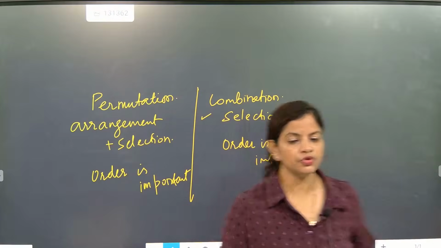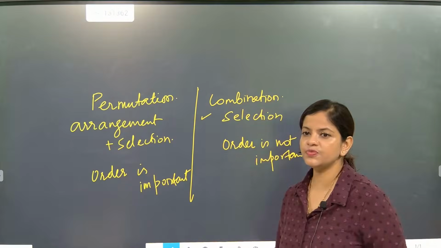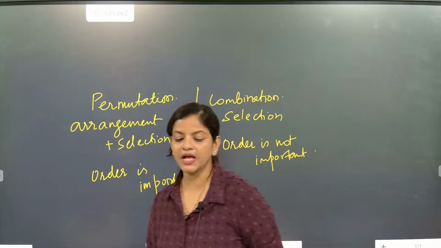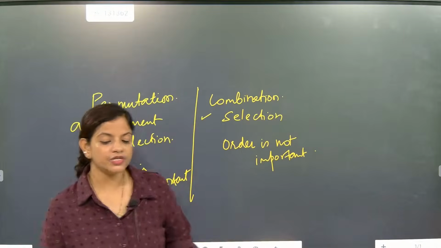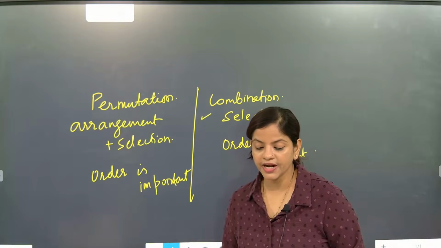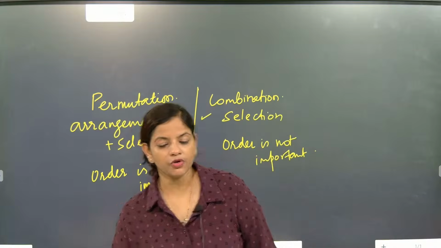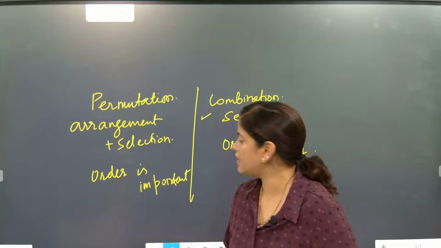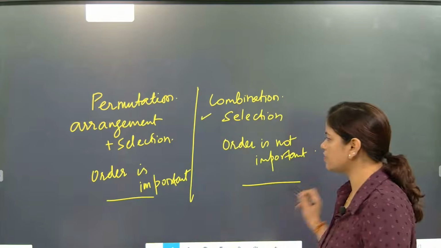Order preparation. So you need to note down. So what is the difference between permutation and combination? If somebody asks you, you can say that permutation is arrangement and selection. But if you are talking about combination, combination is only selection. Here order is important, here order is not important.